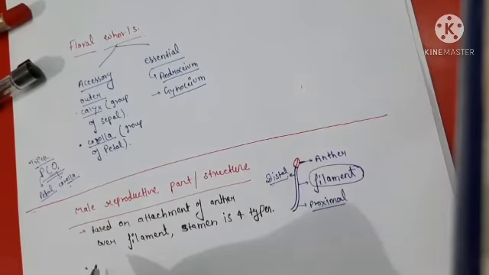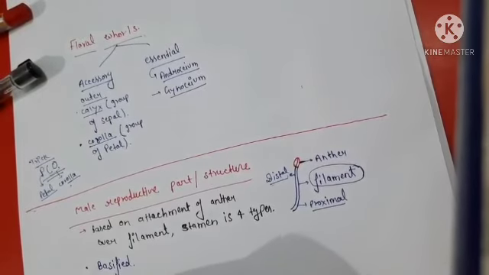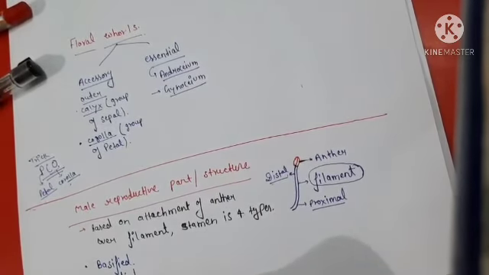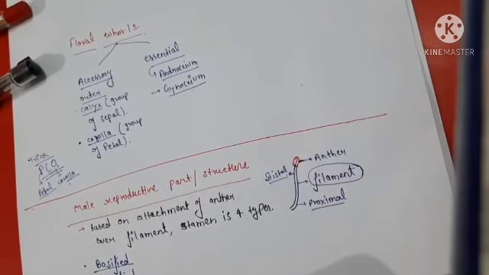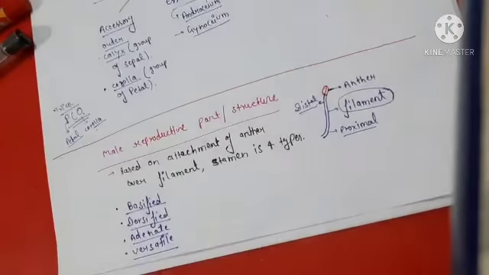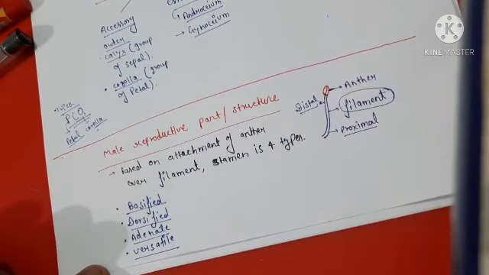What 4 types? Basifixed, dorsifixed, adnate, and the last one is versatile. Basifixed, dorsifixed, adnate, and versatile. Sorry friends.